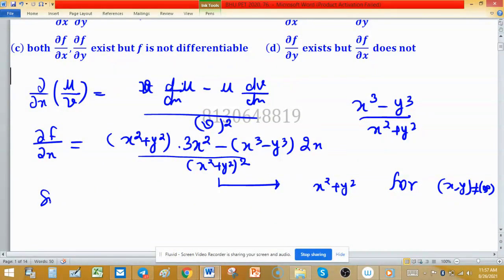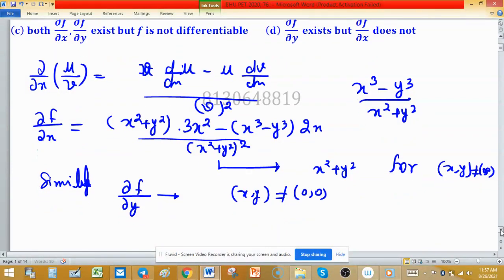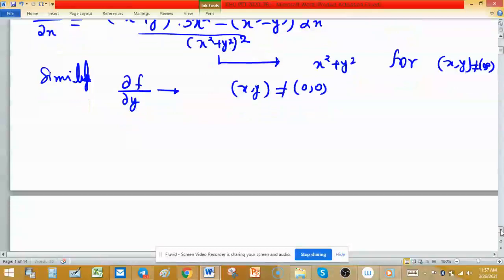Similarly, the partial derivative of f with respect to y exists for x, y not equal to 0, 0. So we need to check the partial derivative at 0, 0 only now.